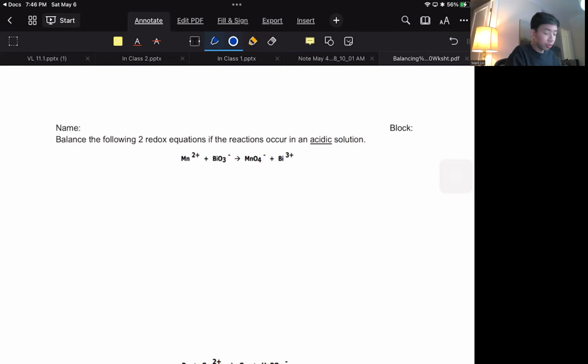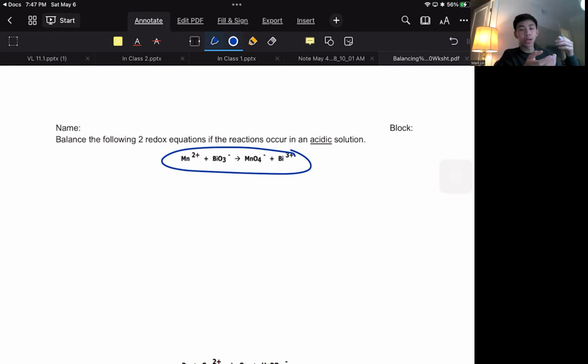The first step is to break this up into the oxidation and reduction half-reactions. It doesn't matter if you identify which one is oxidizing and which one is reducing. It just matters that you break them up.